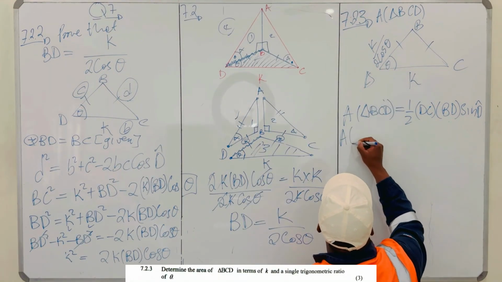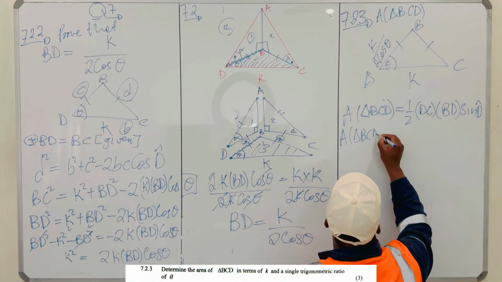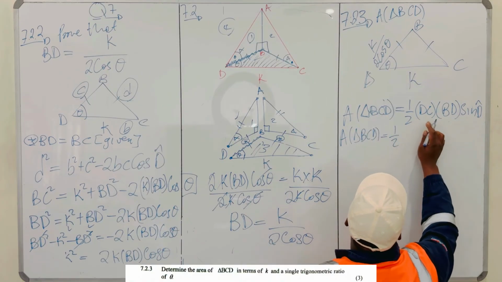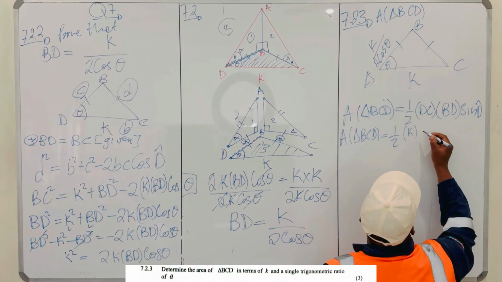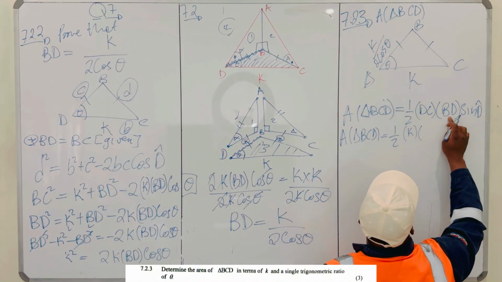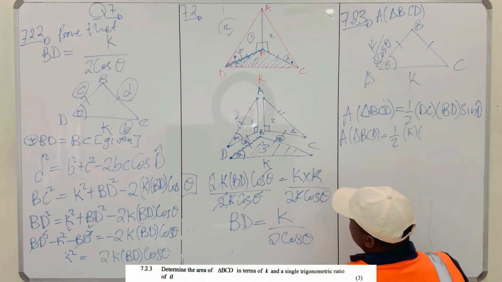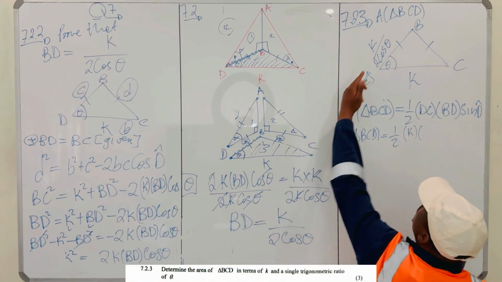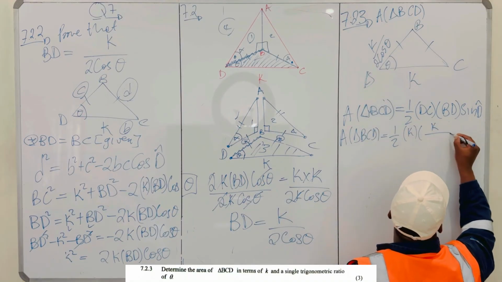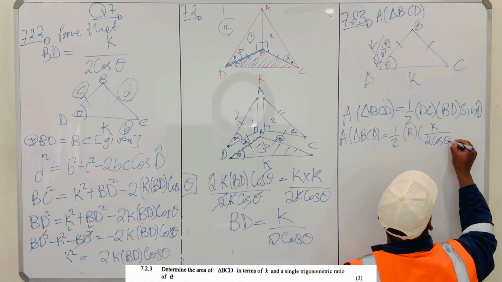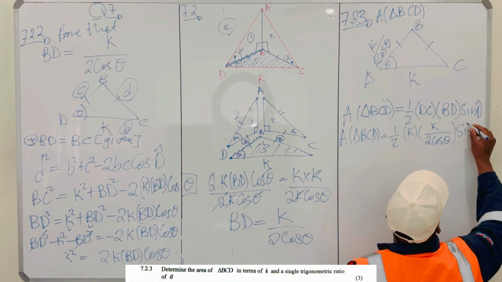The area of triangle BCD is equal to half of DC. What is your DC? Your DC is equal to K, so half of K times BD. What is your BD? We just calculated it here. So BD is K over 2 cos theta, times sine angle D. What is your angle D?